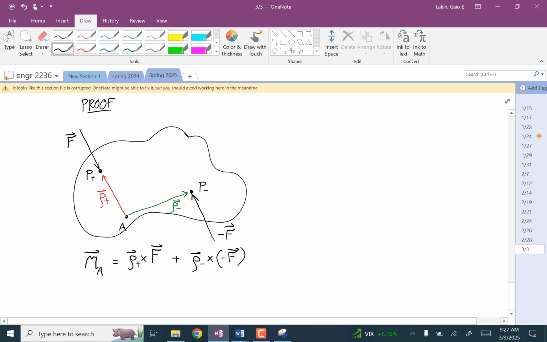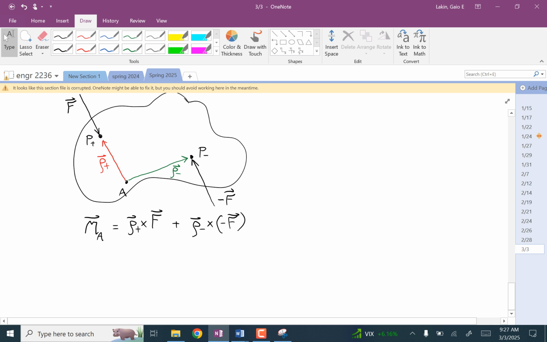So that's the definition of the moment produced by that couple. And now I'll expand that. So rho plus is P plus minus A, and we're crossing that with F. And then we're adding that to rho minus is P minus A. And this is crossed with negative F.